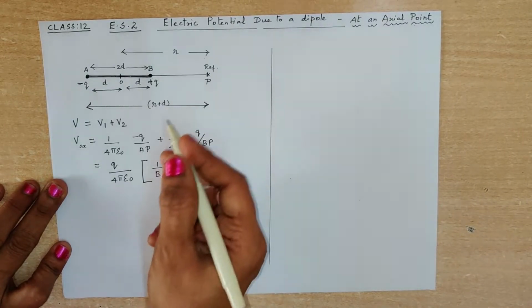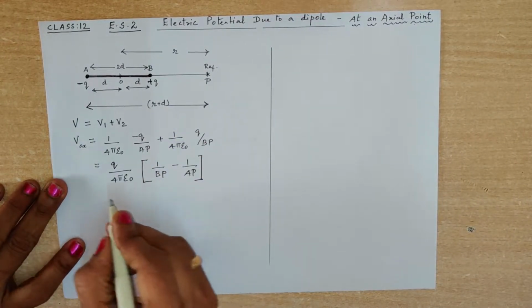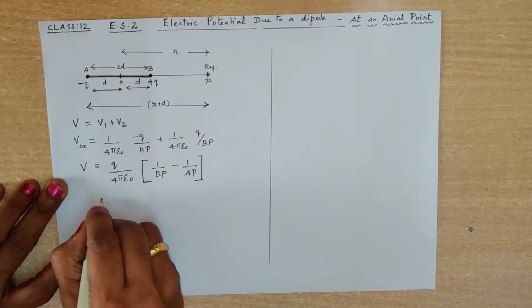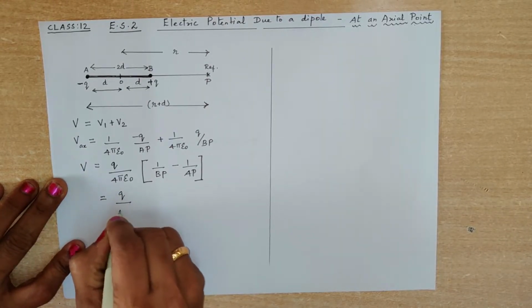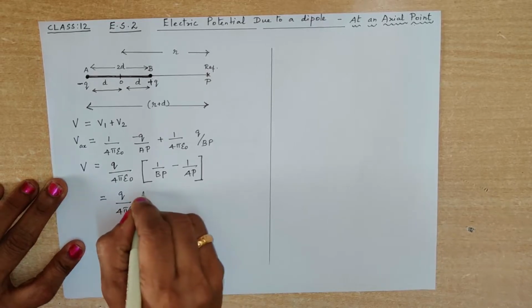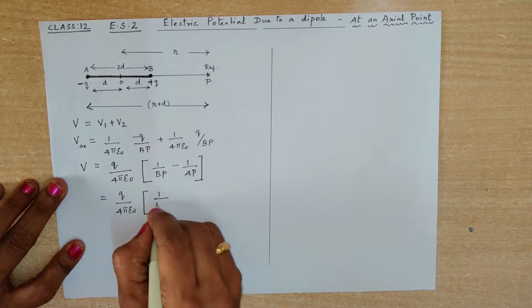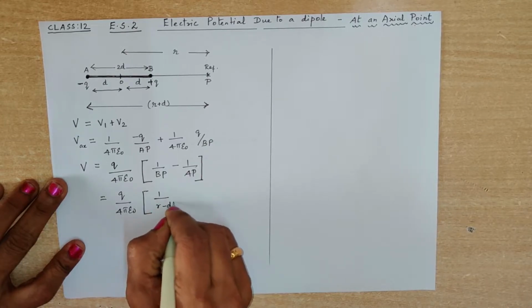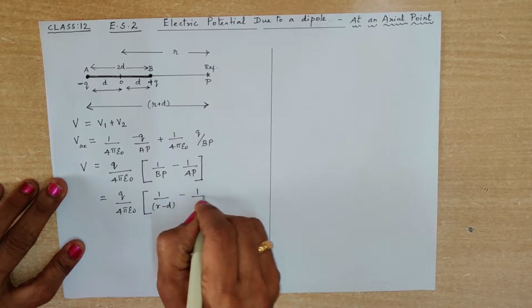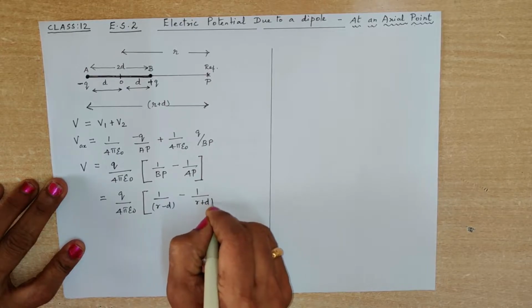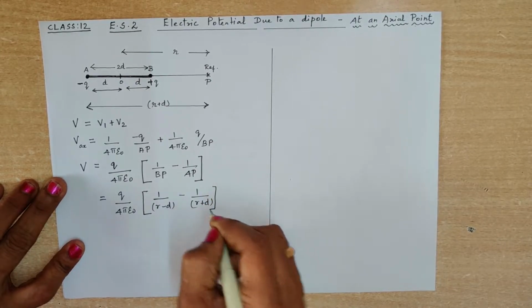Now we can substitute the distances of BP and AP. Therefore, V is going to be q by 4 pi epsilon naught, and I substitute BP as r minus d, and minus 1 upon AP, which is r plus d. I have written it in this order.